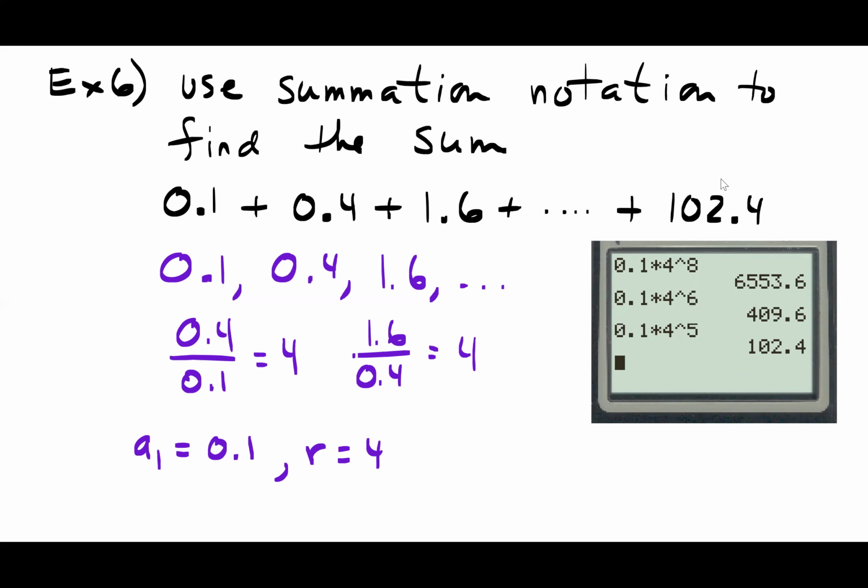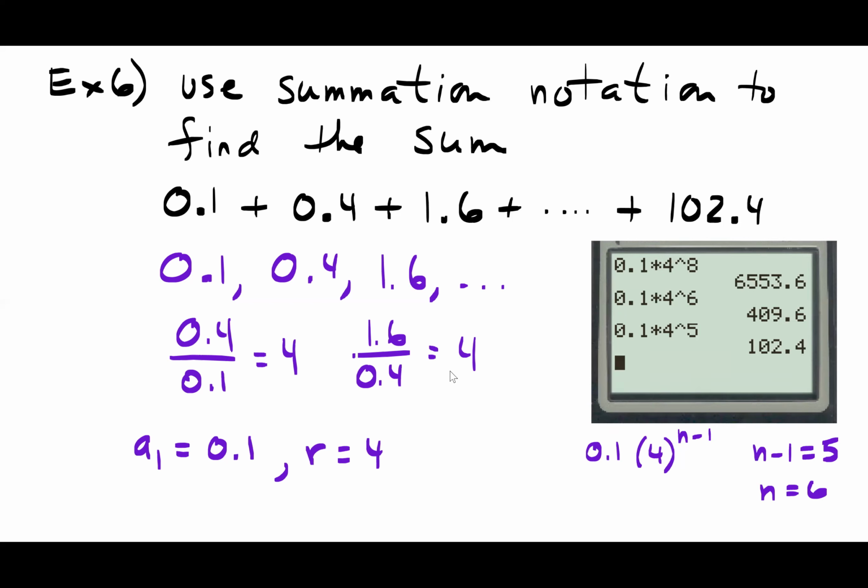So that guy right over there is just 0.1 times 4 to the 5th power. If that's the case, 0.1 times 4 to the n minus 1, what I just figured out is that n minus 1 piece is right on top. So n minus 1 really is 5. And if I add 1 to both sides, I get 6. So my n value is 6.